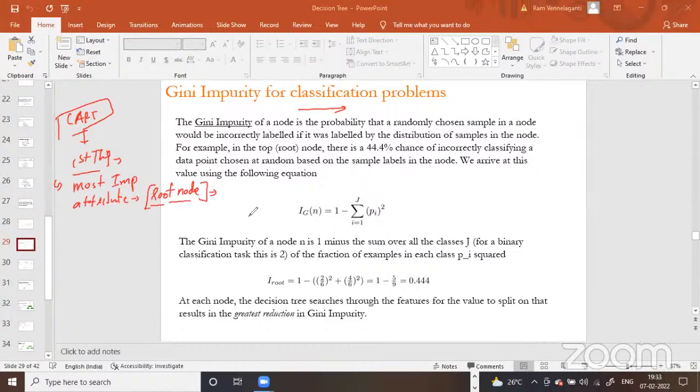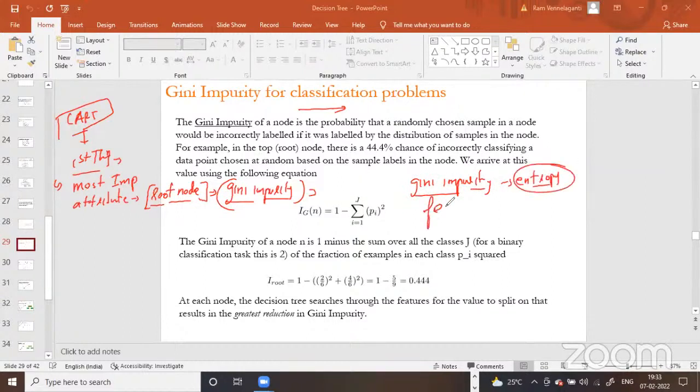So how are you going to find our root node? When you are working with the CART algorithm, you are going to apply the concept of Gini impurity. What is this concept of Gini impurity? It is very, very similar to our entropy concept. What is the logic?